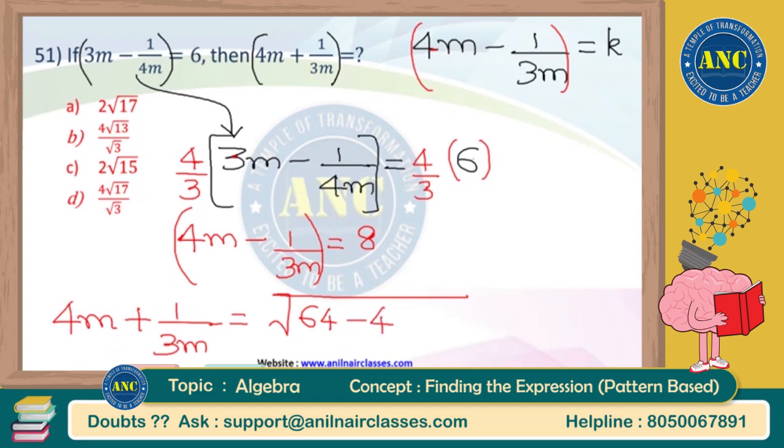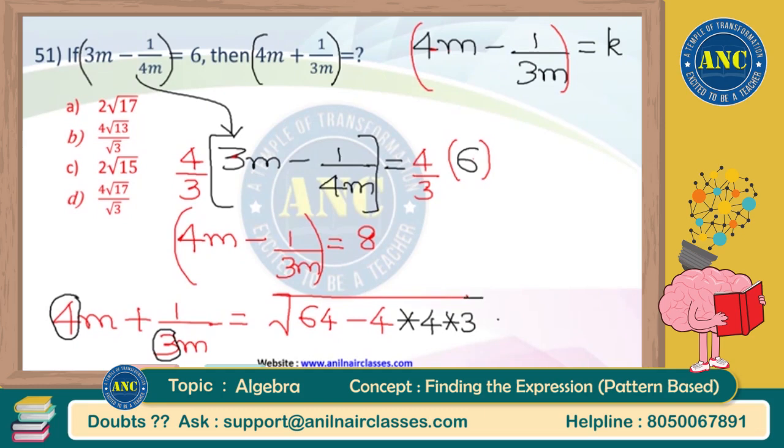But if you just stop at minus 4, you are making a mistake, because the coefficients of m and 1 by m are not equal to 1. You should multiply this 4 with the coefficient of m, which is 4, and also with the coefficient of 1 by m.